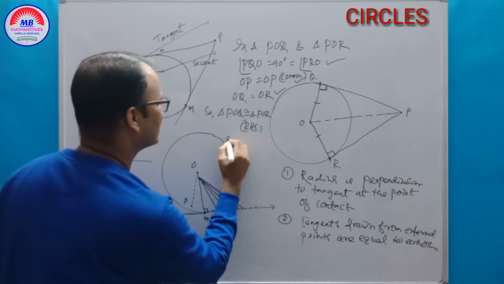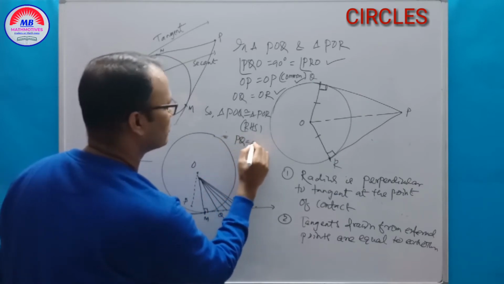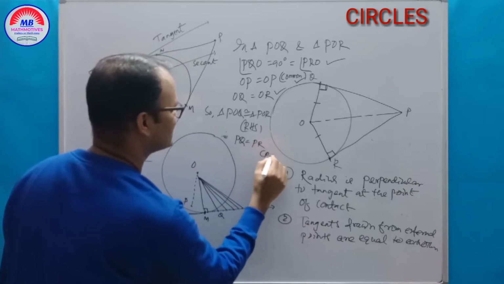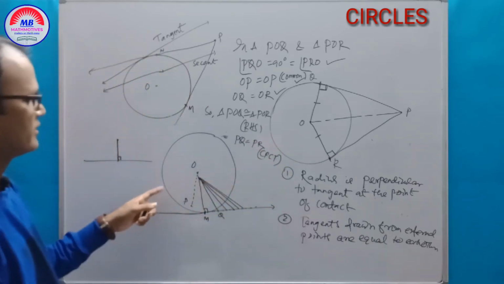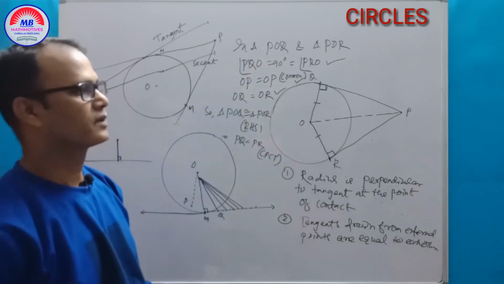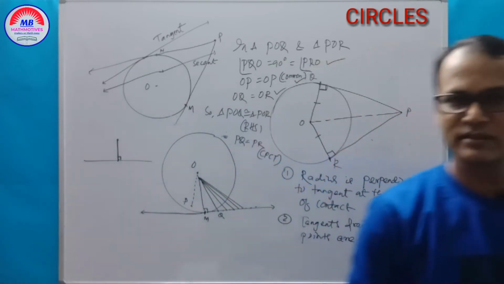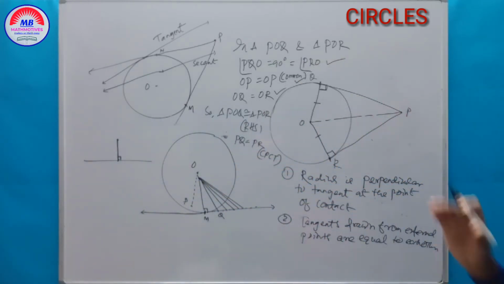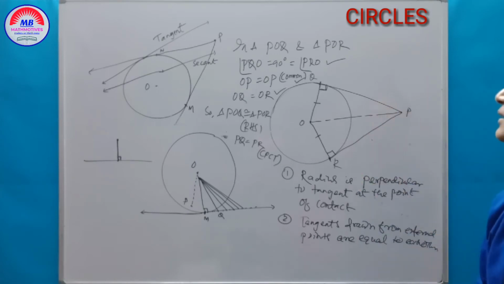So hence PQ is equal to PR, by CPCT. So the first is proved here, the second is proved here. Okay, this is very easy. So you remember these things, then we will do some questions related to this.